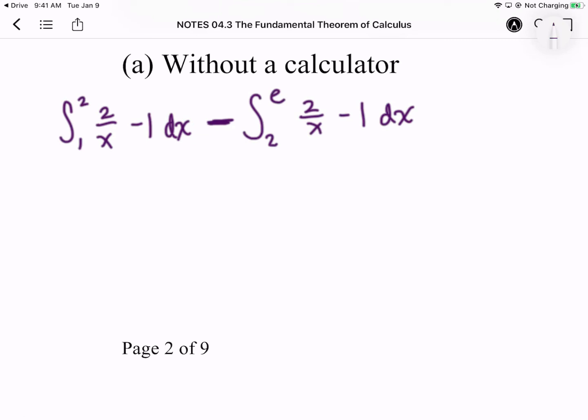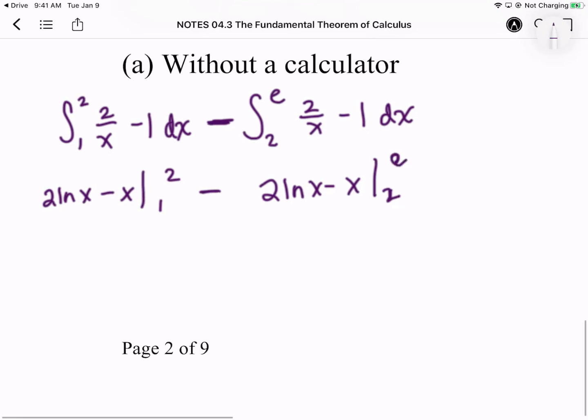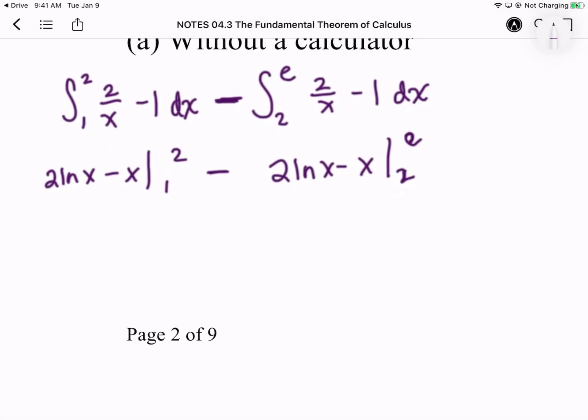Okay, and then we're just applying the fundamental theorem of calculus, the same as we just did. So the antiderivative, our big F, is 2 ln of x minus x from 1 to 2, minus the same thing, 2 ln of x minus x, but this time I'm going from 2 to e. Keep applying the FTC. Be careful with our parentheses.